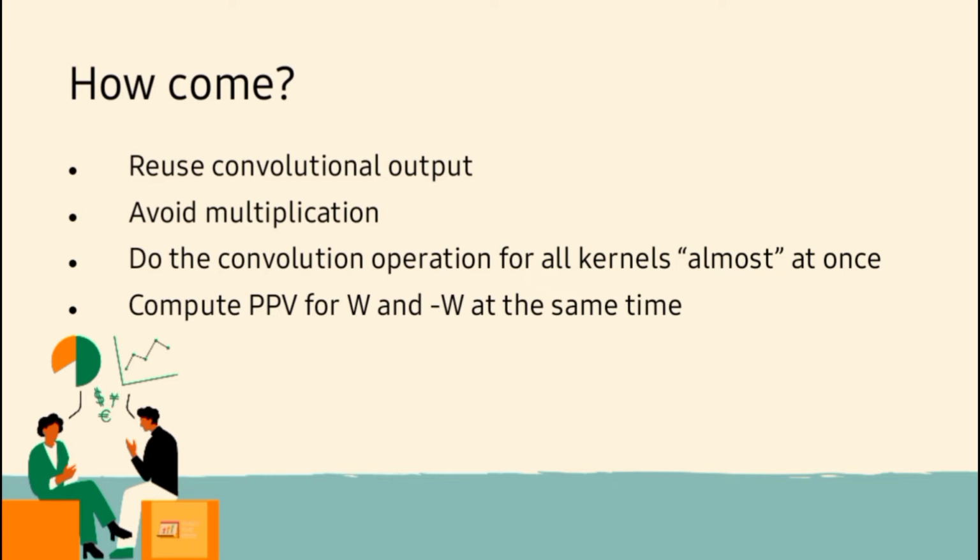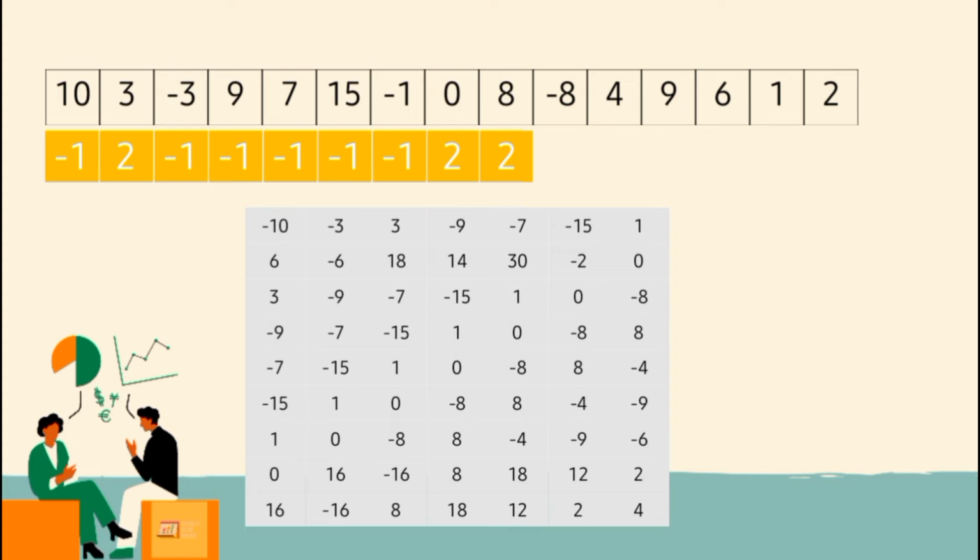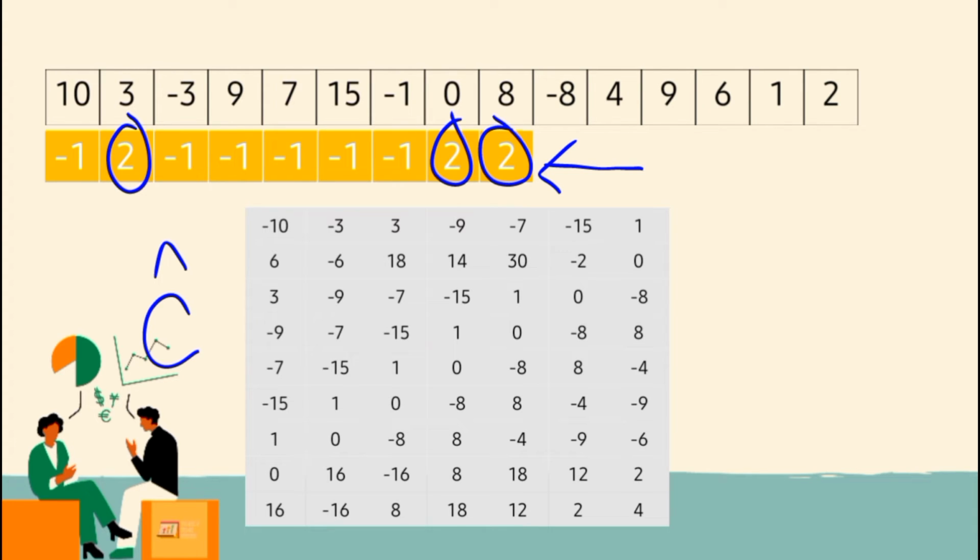Now, the second way MiniRocket can speed up is by avoiding multiplication. This is because we only have 2 weight values. So to understand this, let's look again at our matrix C hat. With this particular kernel, we have beta values on the second element and then on the 8th and the 9th element.